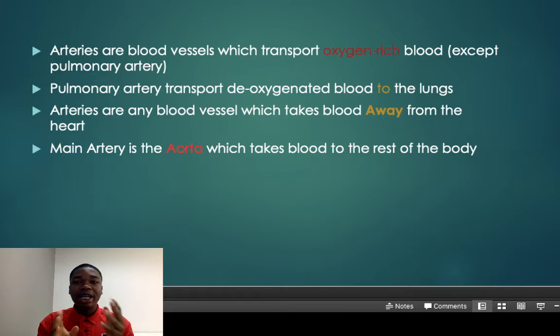The pulmonary artery is the only artery which transports deoxygenated blood. Cool. The direction: the pulmonary artery transports deoxygenated blood to the lungs. Arteries are any blood vessels which take blood away, A for artery, A for away, from the heart.